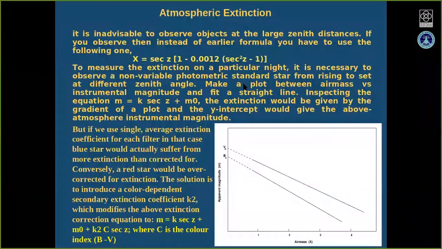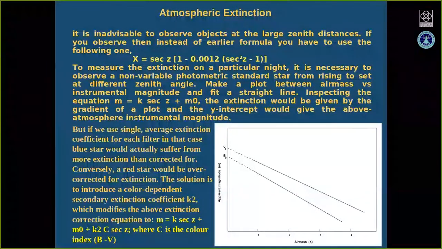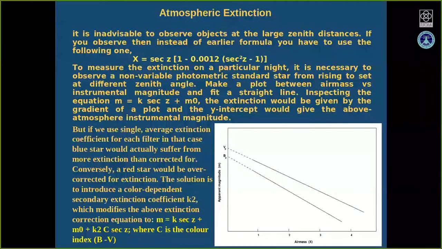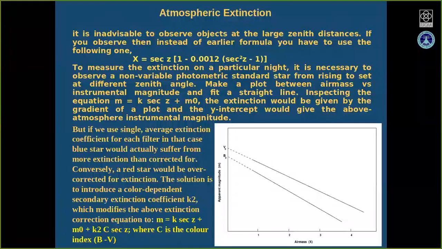At zenith your air mass is 1. If zenith angle is increasing, then your air mass is also increasing. If air mass is increasing, then your extinction is also increasing. So there will be an effect. That extinction effect will affect your instrumental magnitude.